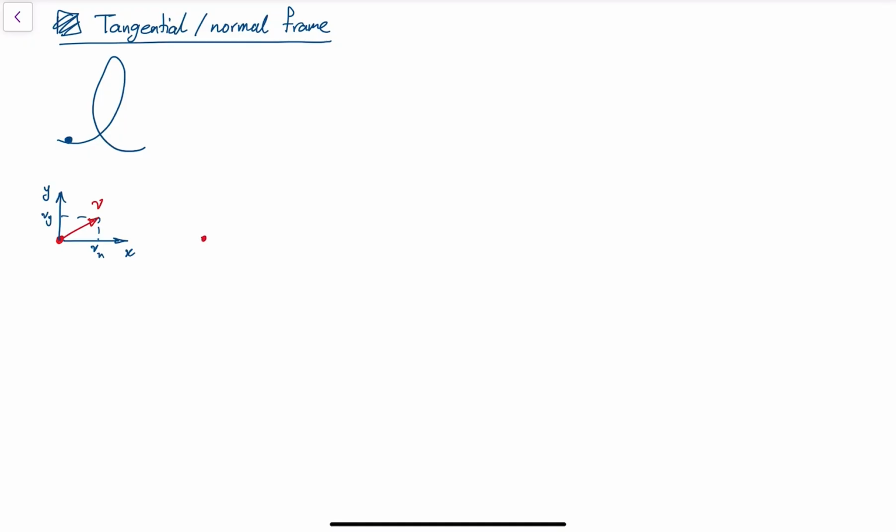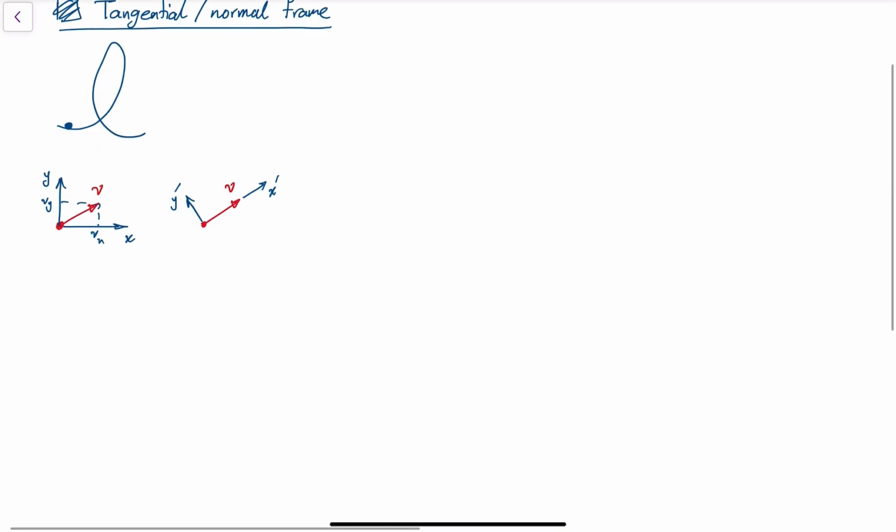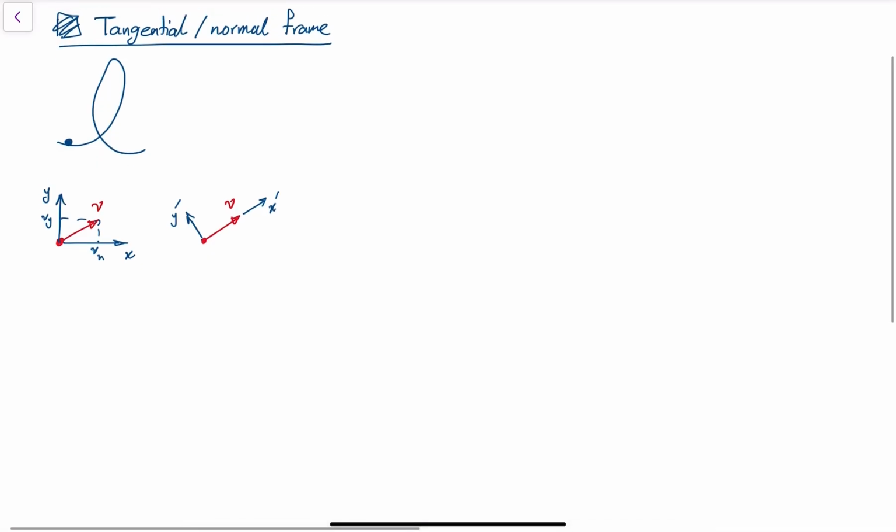If I draw the particle again with its ever-existent velocity, feel free to tilt your neck and look at this in a different way. Now have some perpendicular axes, one of them aligned with the velocity. Let's call them x prime and y prime. Now the same velocity that exists in the world has different components. The x prime component, vx prime, has the same size as the velocity, and vy prime is 0.